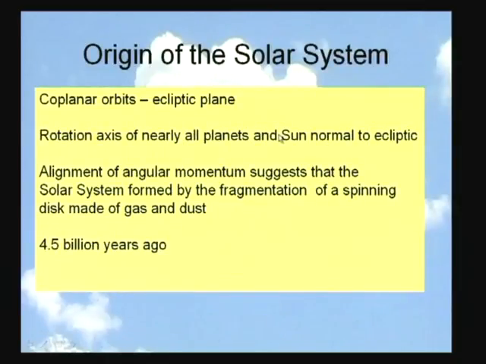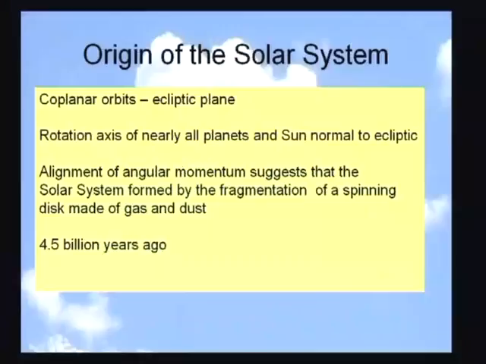Okay. So, given these facts and this idea of the solar system, it is very interesting to ask, how did the solar system originate, where did it come from? What is the information that is useful if you want to form some idea about the origin of the solar system?